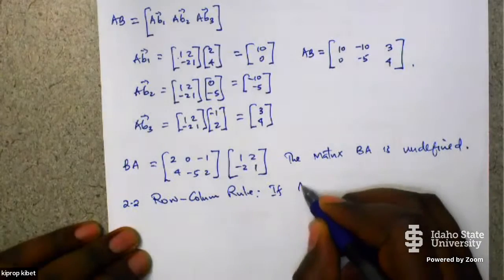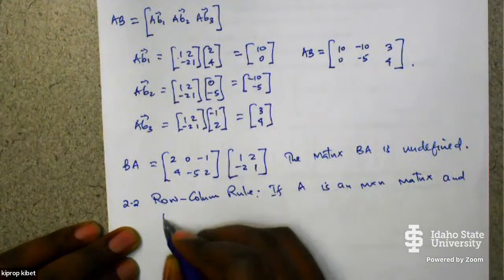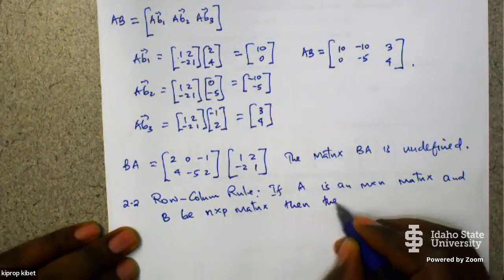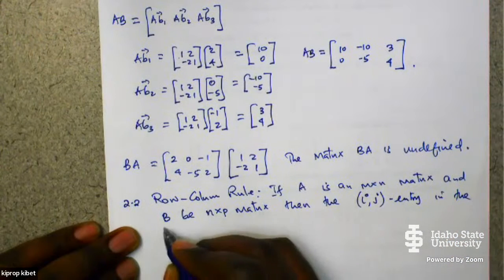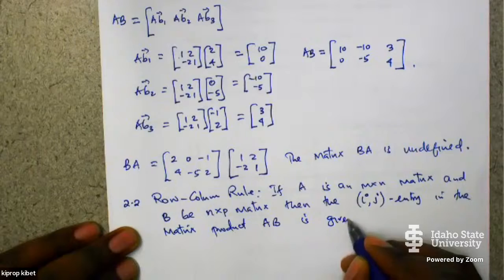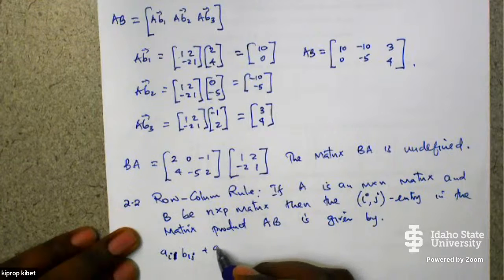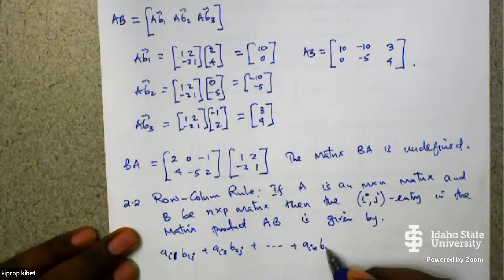If we have A an M by N matrix and B an N by P matrix, then the IJ entry in the matrix product AB is given by A I1 B1J plus A I2 B2J plus, up to, A IN BNJ.